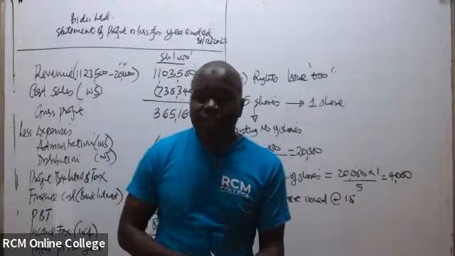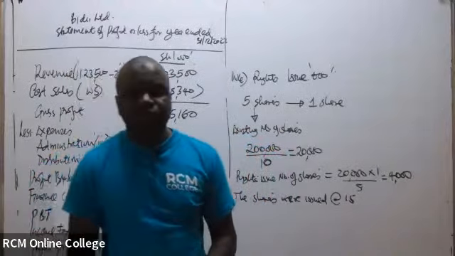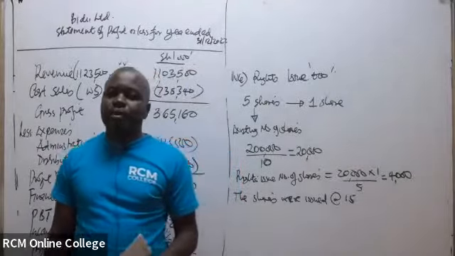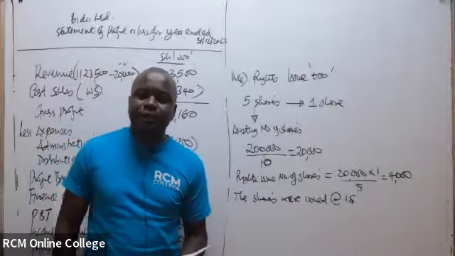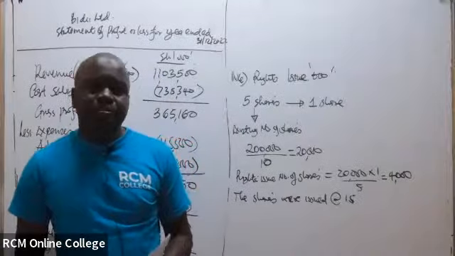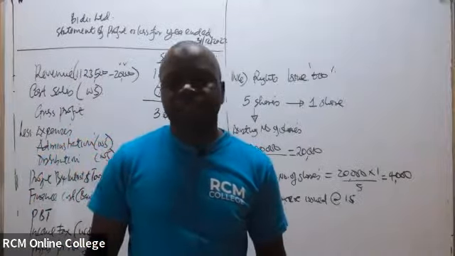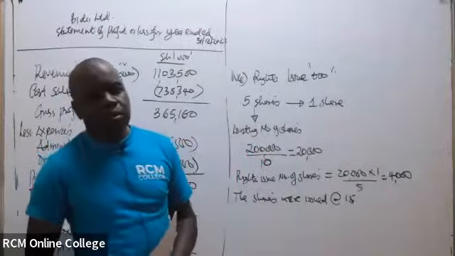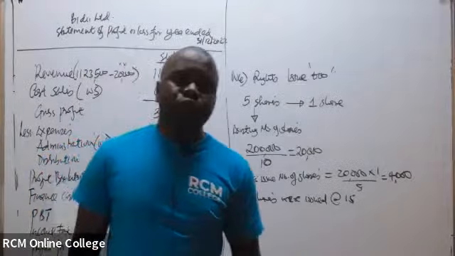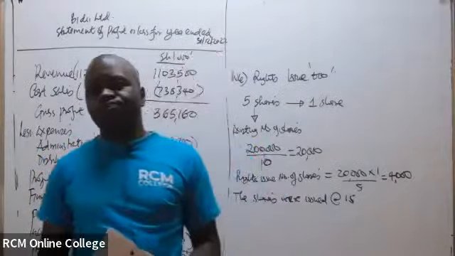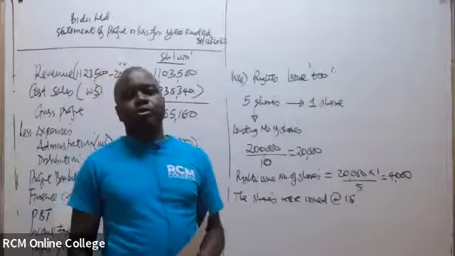So the par value was 10, but they issued them at 15 shillings. We'll say the shares have been issued at a premium. So our premium amount will be how much?